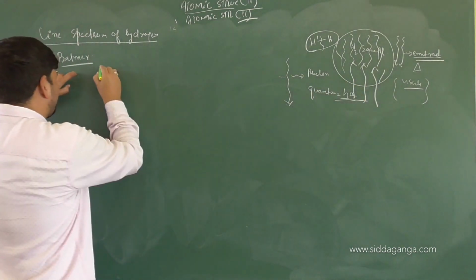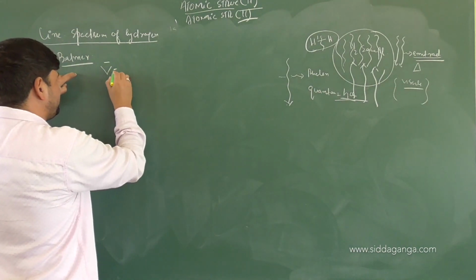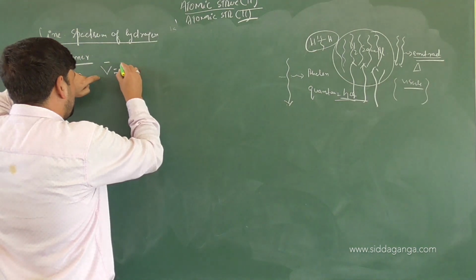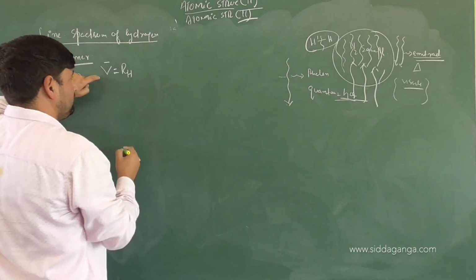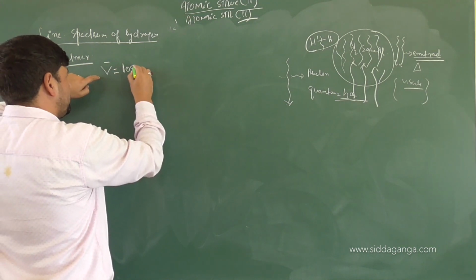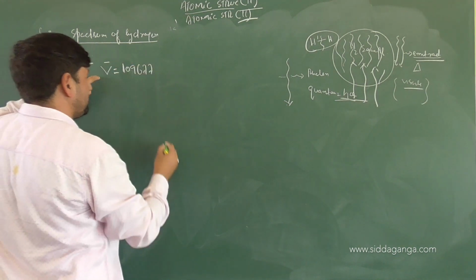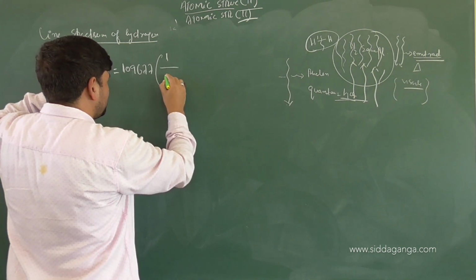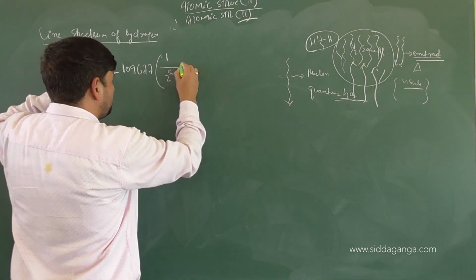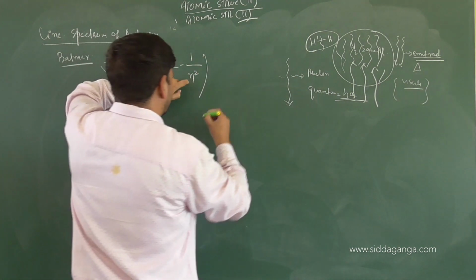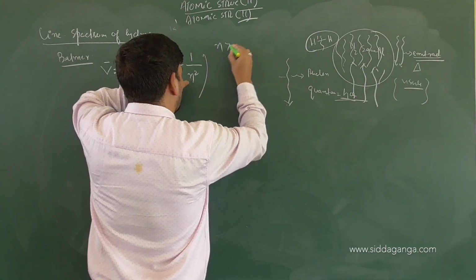Balmer said that we can find the wave number of that emitted wave as V bar equals RH, where the value was 109,677, into 1 by 2 square minus 1 by n square, where n is more than 2.